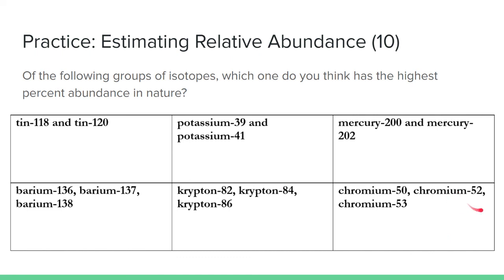And last but not least, we have chromium. Chromium's average atomic mass on the periodic table is about 51.996, so chromium 52 is the most abundant isotope. The average atomic mass is closest to the mass number of the most abundant isotope.